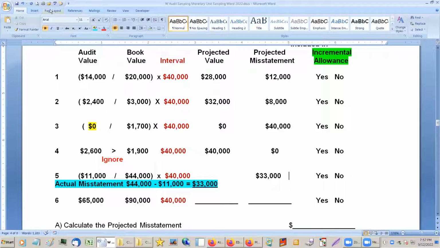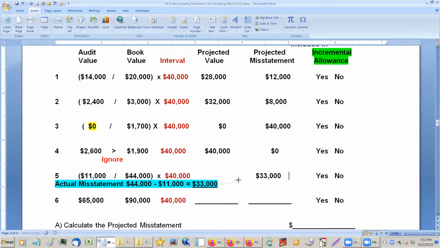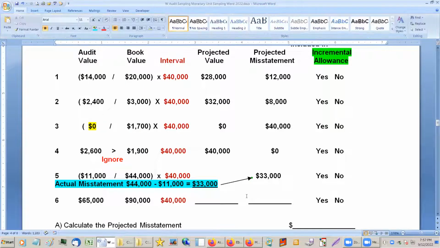when we have this problem where the book value is higher than the interval.